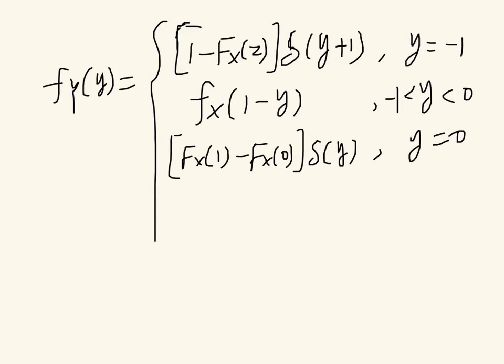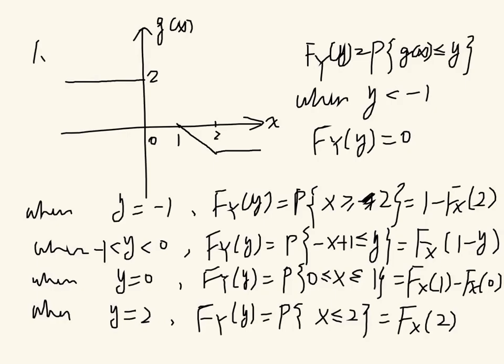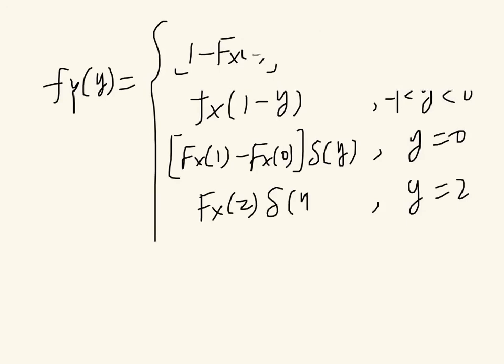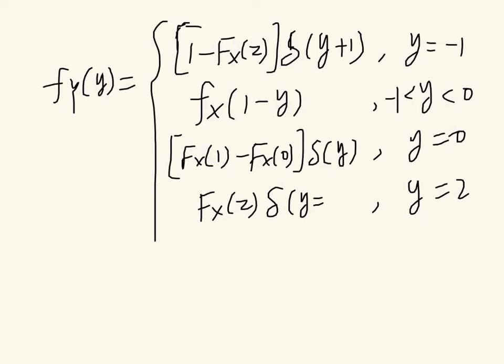And when y is equal to 2, this should be equal to F_X(2) times the delta function at y equal to 2. And for any other value of y, this should be 0.